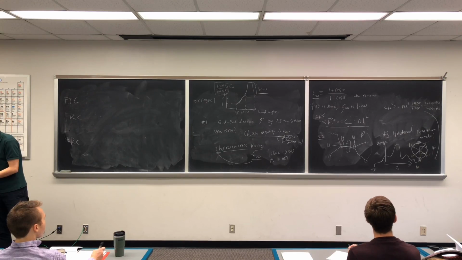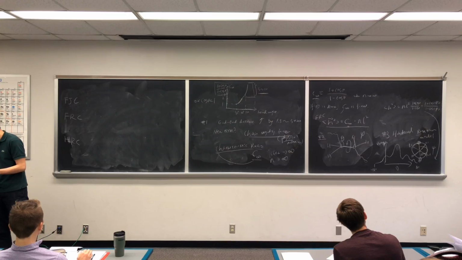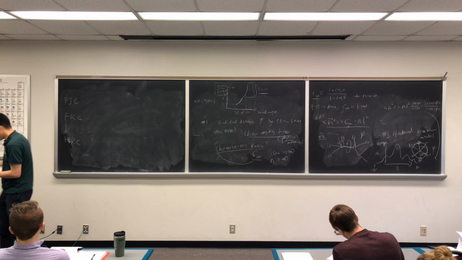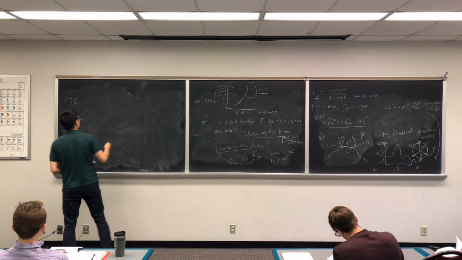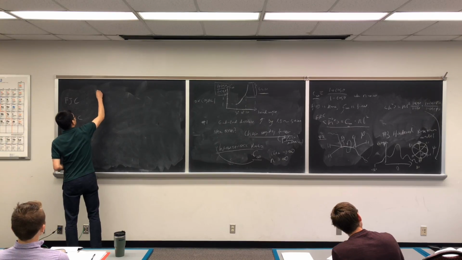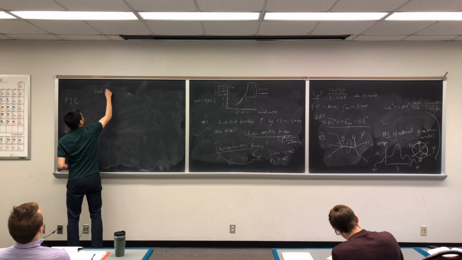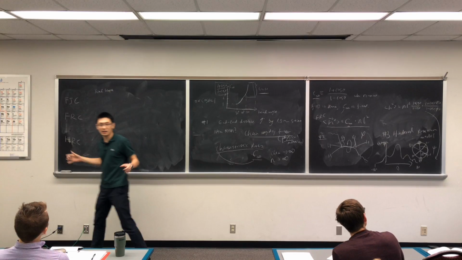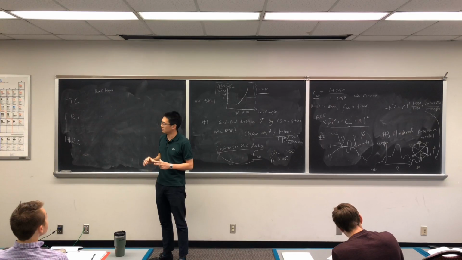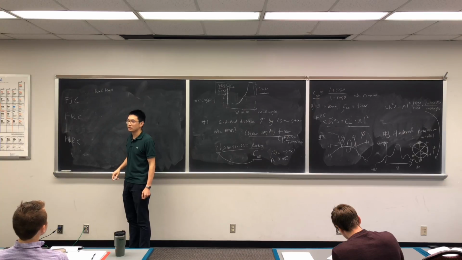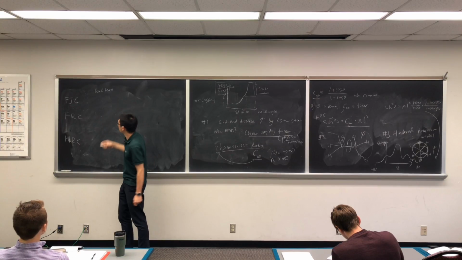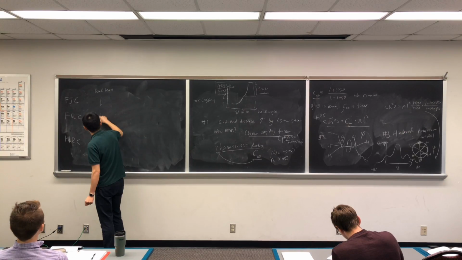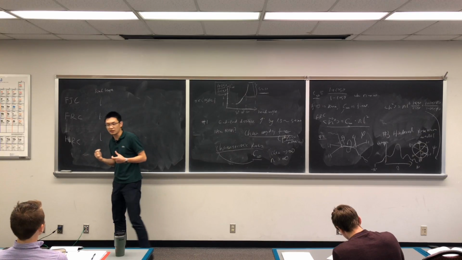I'll show you one interesting thing, how this works out. First is bond length. In each case, the bond length is fixed no matter what model we talk about, right? So the bond length is always L, L, L in the three cases.